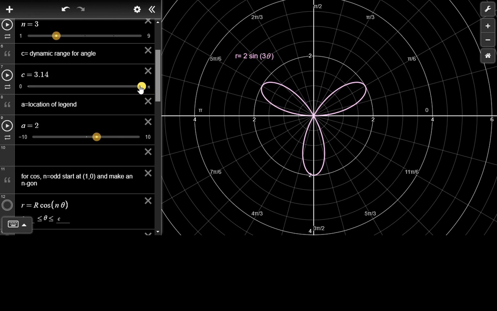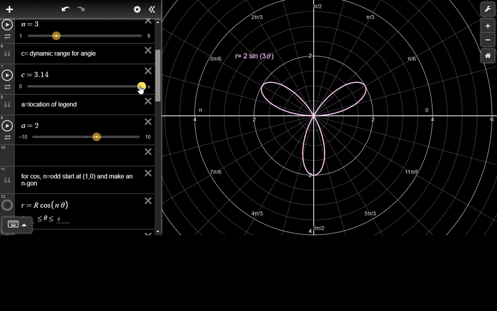Now if we were to continue for the next pi, we're just going to repeat this picture again. So if you go from 0 to 2 pi, you're going to go through this rose twice, just like how it happened with the circles. We were traveling it twice if you wanted to go for an angle of 2 pi. Same thing here.